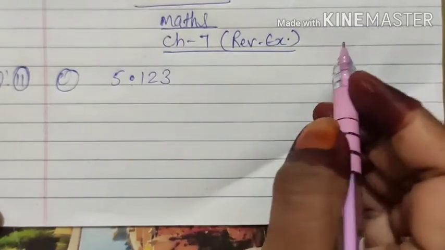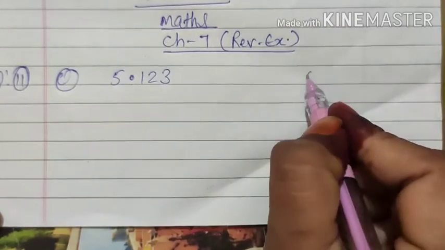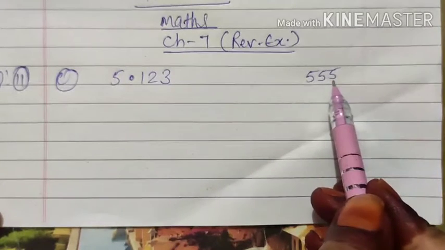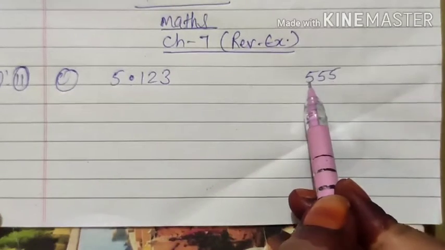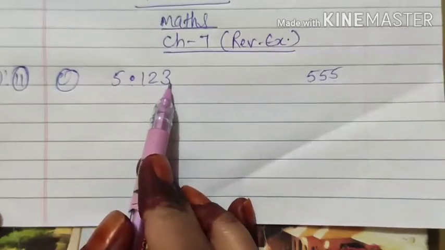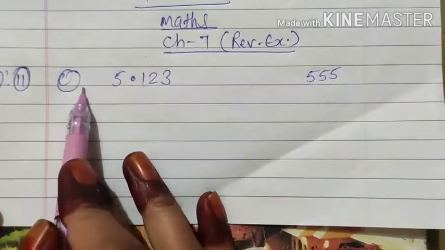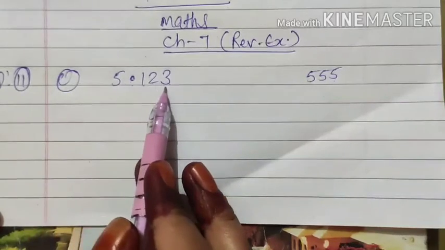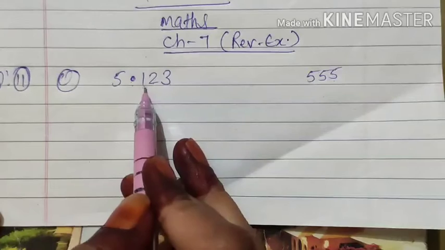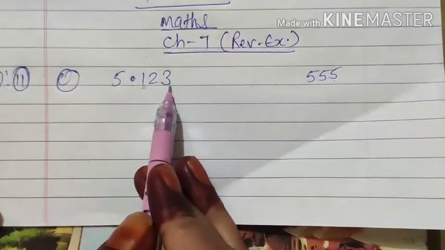5.123. We know that whenever we have any simple number, then we start counting from the right hand side: ones, tens, hundreds. But in case of decimals, this is your ones, this is your tens, and this is hundreds. Generally we start from the right hand side, but here we will start from the left hand side. So if they are saying round off nearest to ones, then this is your ones, not this one.